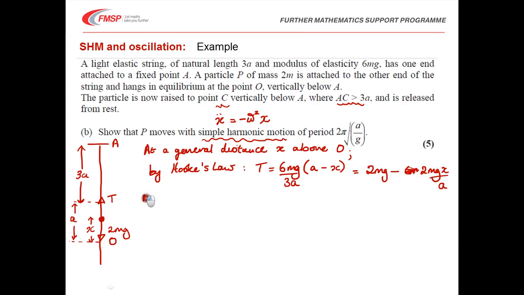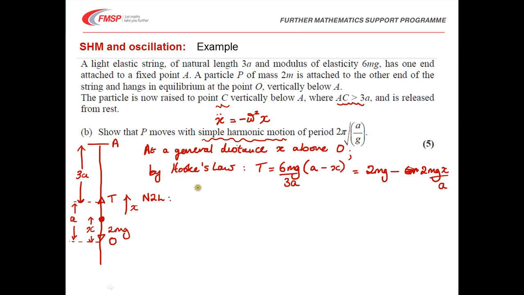And now I can use my Newton's second law, because any time that we're trying to show simple harmonic motion, anytime we're trying to find an expression involving acceleration, Newton's second law is going to be our friend. We need to be extremely careful with direction here. It's very important that Newton's second law takes the direction of x increasing as the positive direction. So because this particle's been raised up to the point C, we're looking at the displacement being positive in the upwards direction.